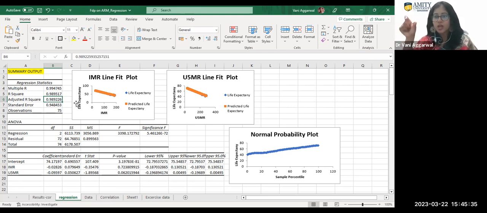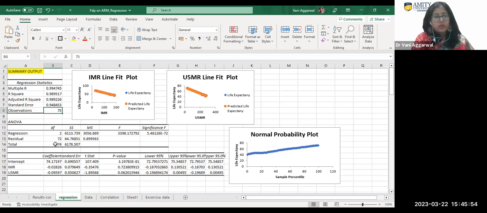So standard error says how much error there is between the estimation and the actual. Then the number of observations here is 75, because we have taken the data for 75 years.